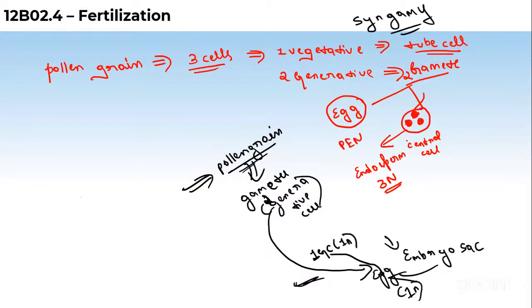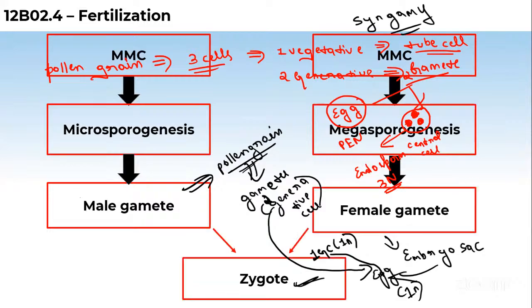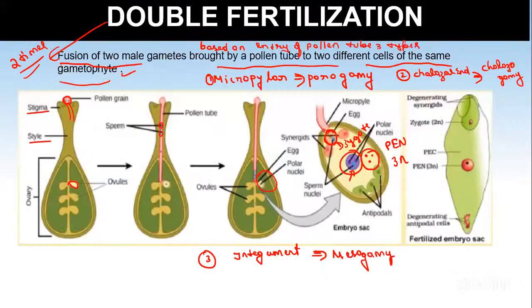Did you understand this? Now let us go to the next part. I will explain this first. In fertilization, based on the pollen tube entry, there will be three types.